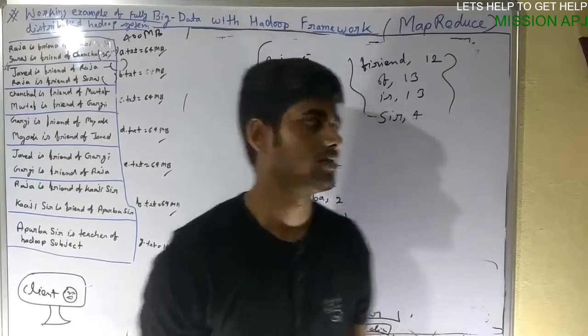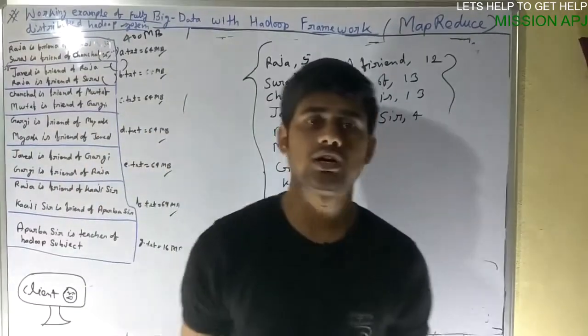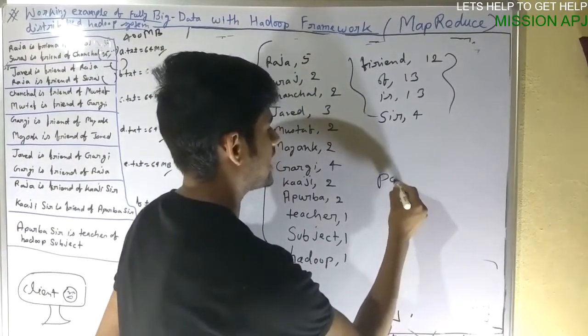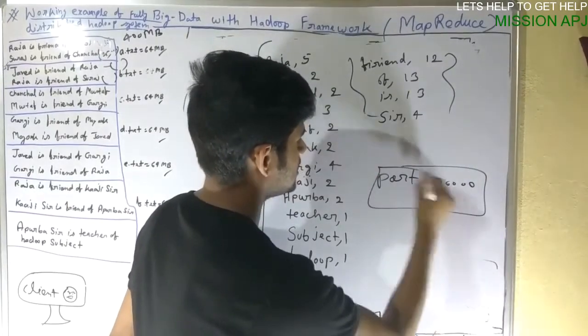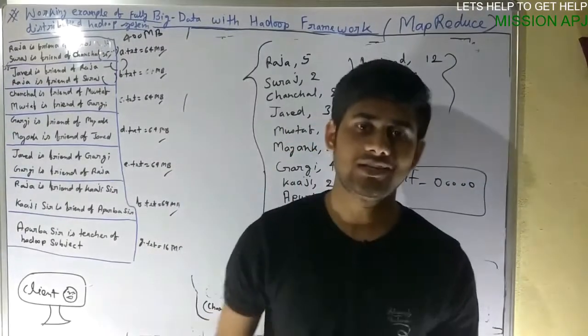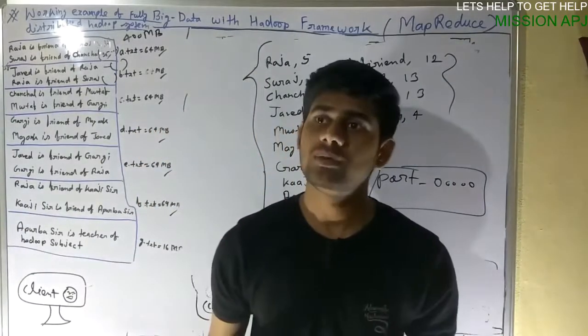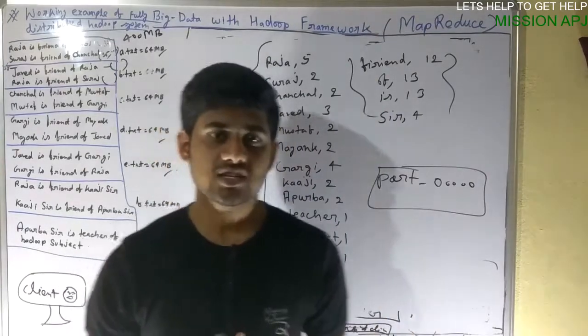So we got the data, and this is the data we obtained. This will be written in the output file of the client, a file like part, by the record writer, as we have just discussed earlier.